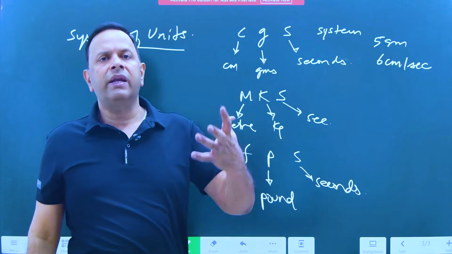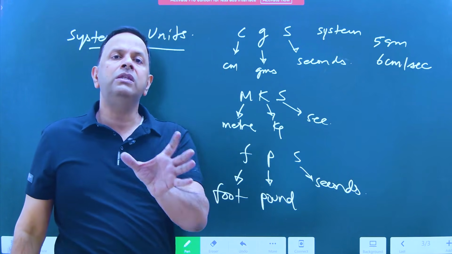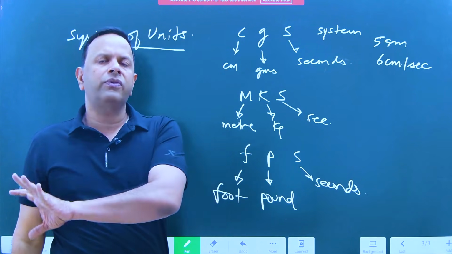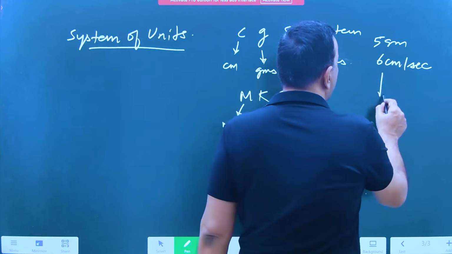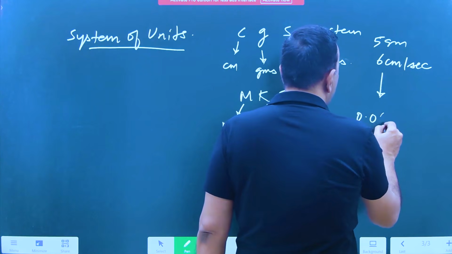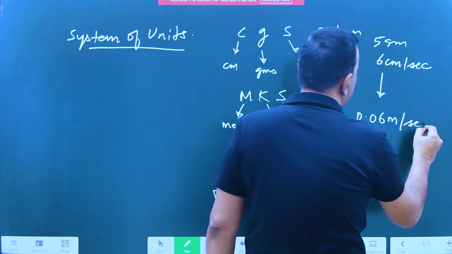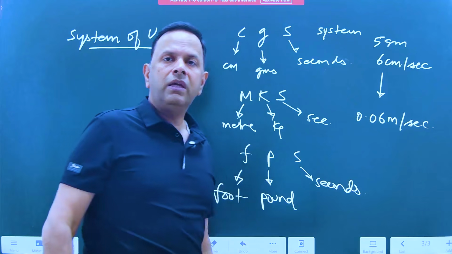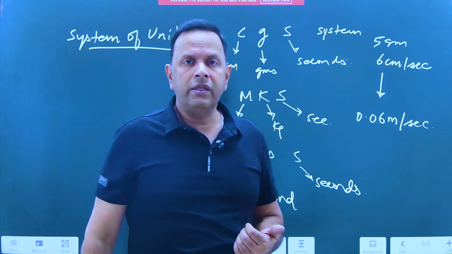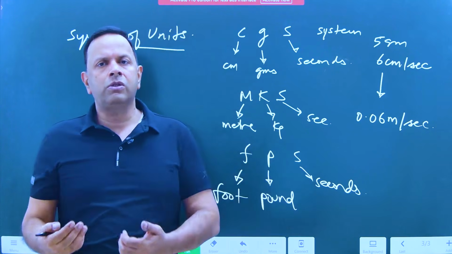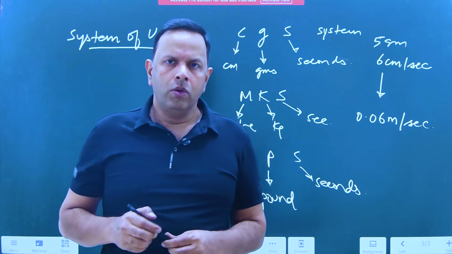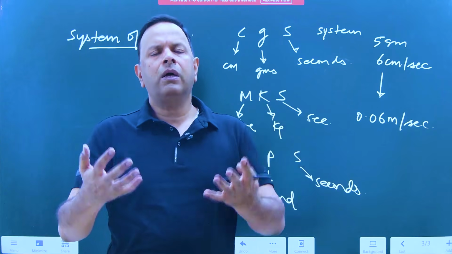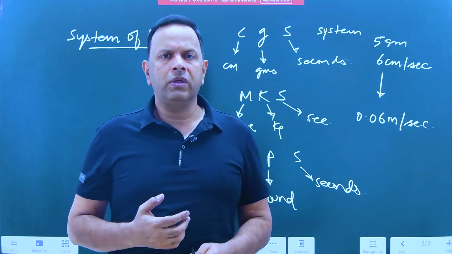So 6 centimeter per second is the CGS unit of speed. And if I convert the same to 0.06 meter per second, I will say I have converted a certain speed from CGS system to MKS system. Okay, so that's how this system of unit works.